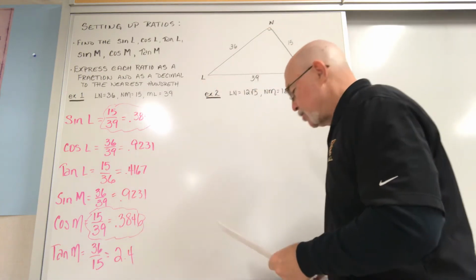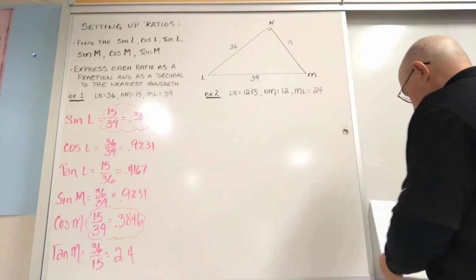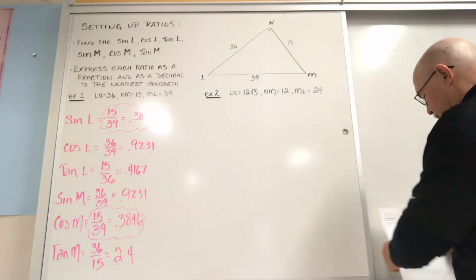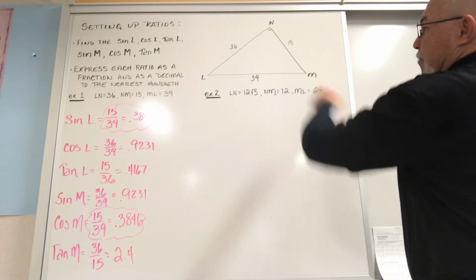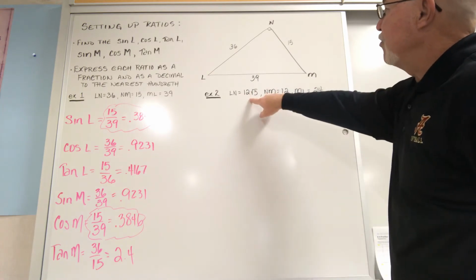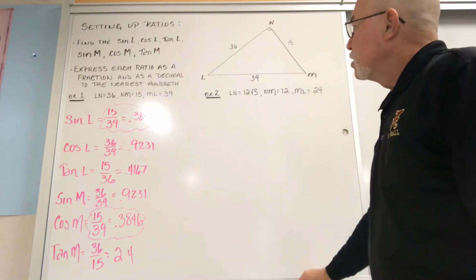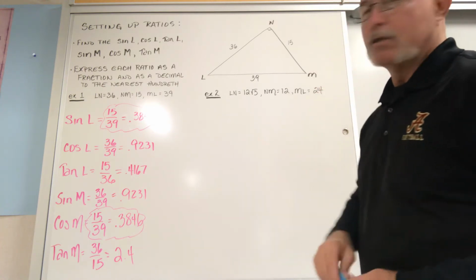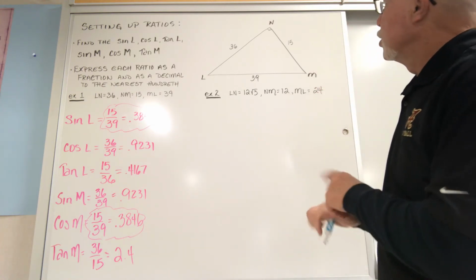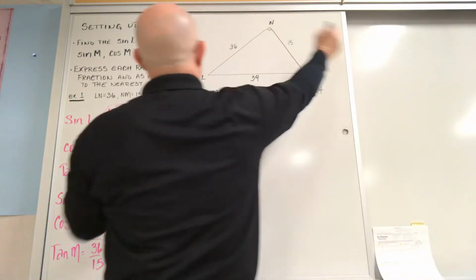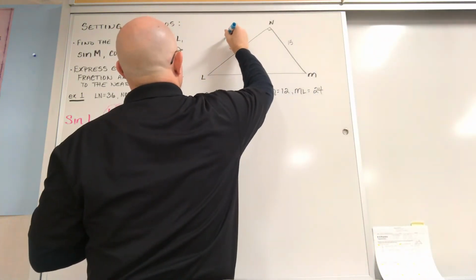Okay? Now, let's go to our next example. Okay? So, example 2, I have these distances. Okay? So, I'm going to use the blue here just to put them in. So, in this one I say LN is 12 radical 3.